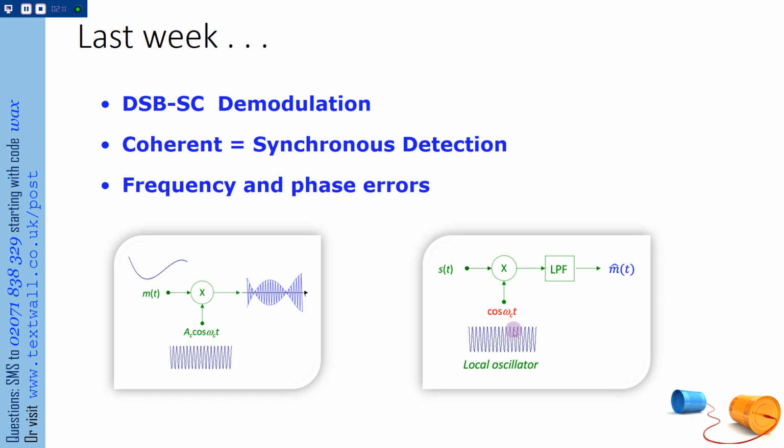We spoke about how this would affect our recovered message. We said a phase error would result in an attenuation or a scaling down of our message. And a frequency error would result in a beating effect. So it's as if it's modulated by a very low frequency audio wave.